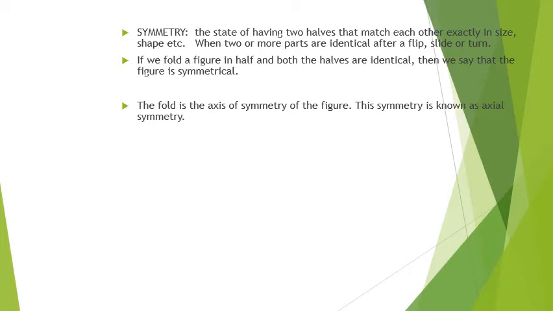This symmetry is known as axial symmetry. Where the object has been divided or folded, that is called the axis of symmetry. The simplest form of symmetry is reflection, that is, mirror.